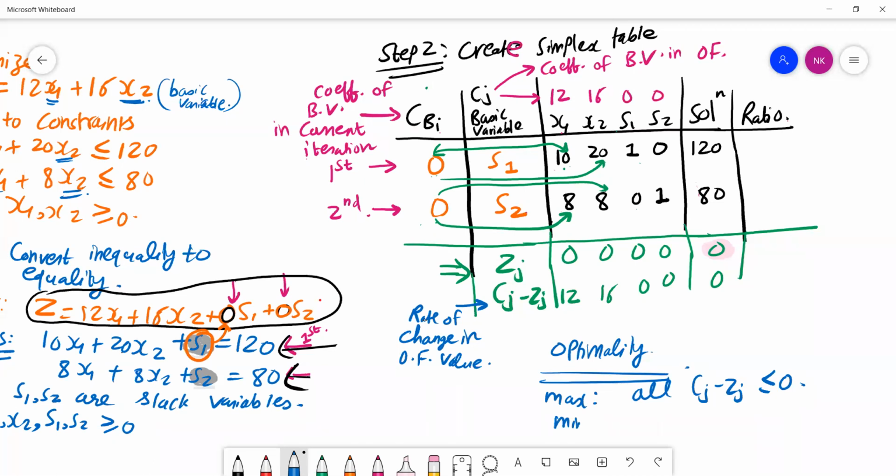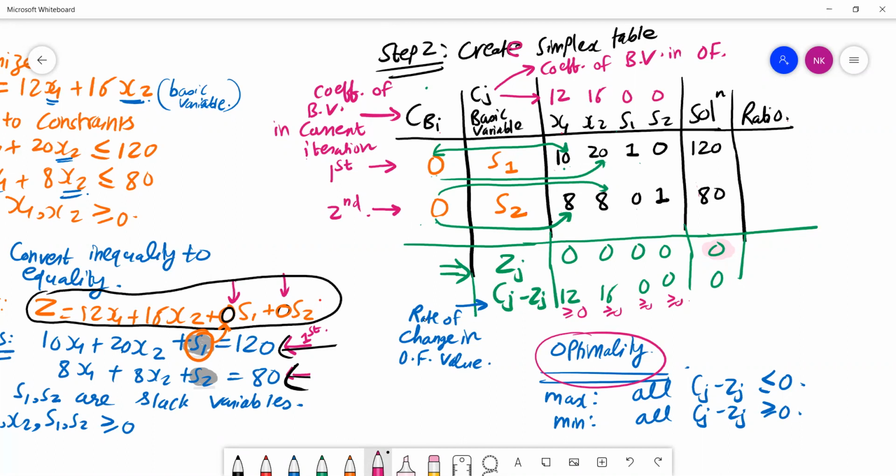And for the condition of minimization, all Cj minus Zj should be greater than or equal to 0. Now, what does this mean? Why is it called optimality? This says that over here you are having all the values greater than or equal to 0. That means there is a chance of increasing or maximizing your profit.